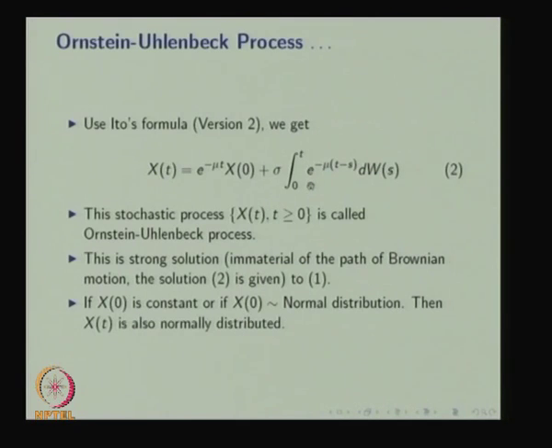So you can conclude that when x of 0 is a constant or x of 0 is a normally distributed random variable, x of t is also a normally distributed random variable. One can prove this, so we have to use the Ito integral of a non-random function of time.